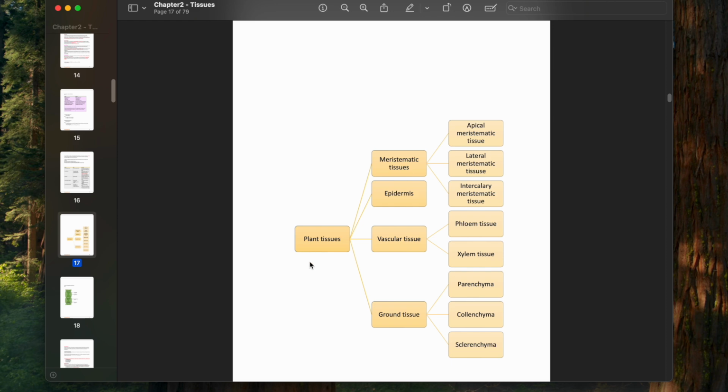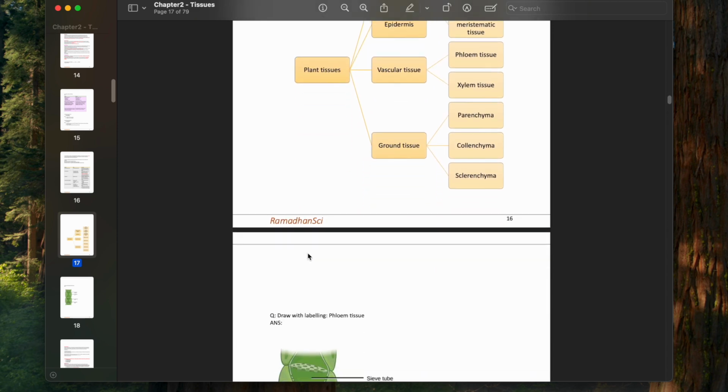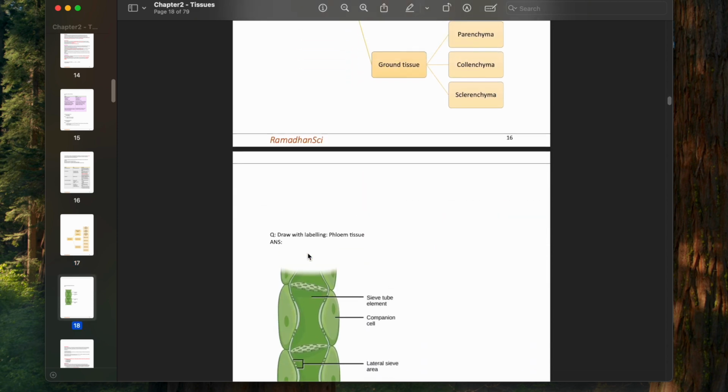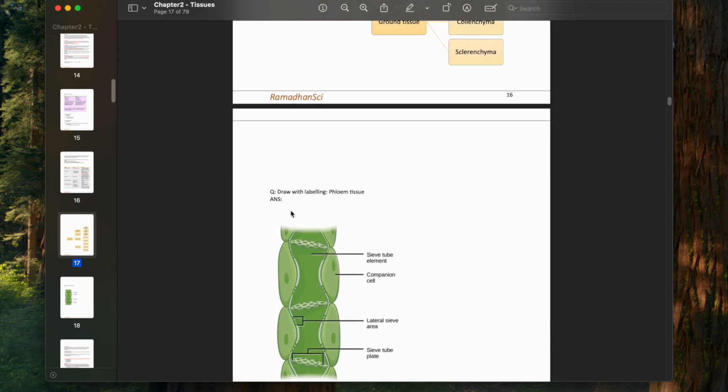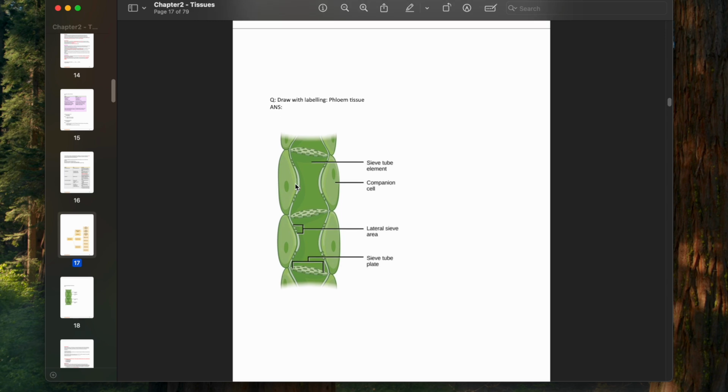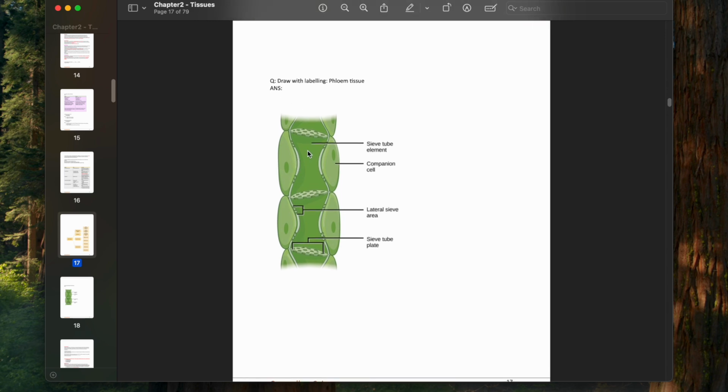I want you to repeat them, quiz yourself, keep repeating them until you're pretty much good with it. Okay, you master it. And here we have a drawing question. The phloem tissue. It's easy, nothing too crazy about it.